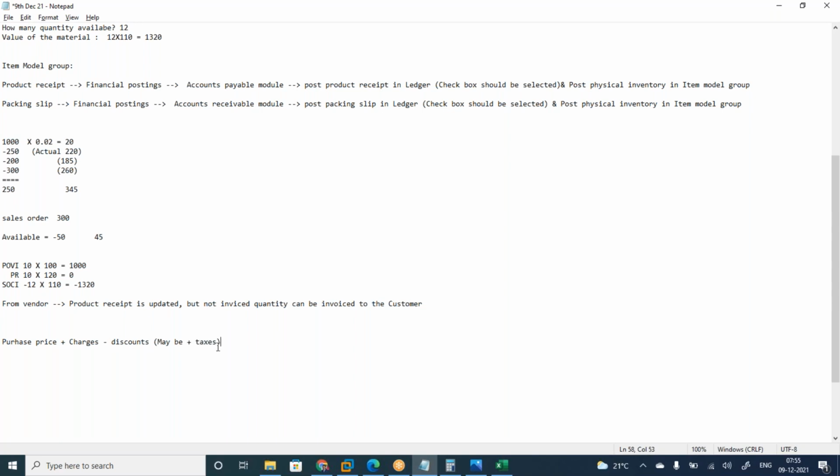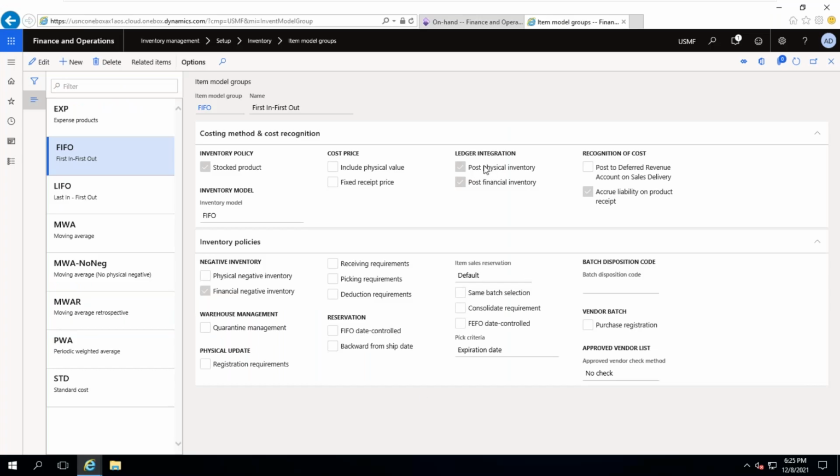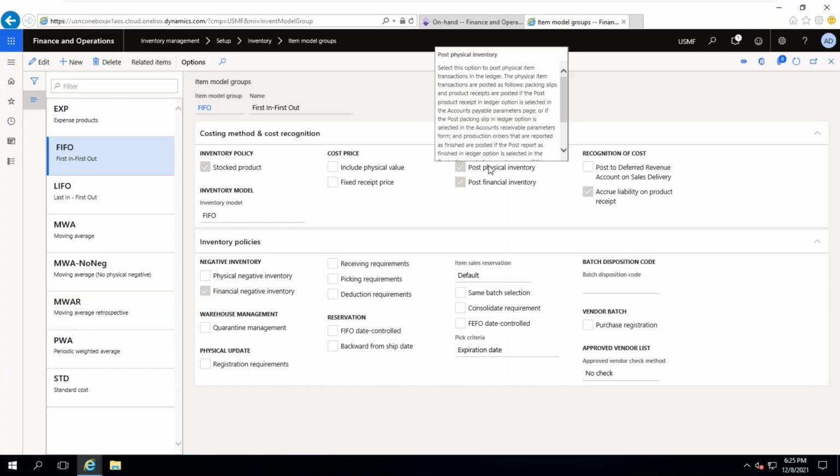This is the financial cost amount. The physical cost amount is only material cost. Only material cost.